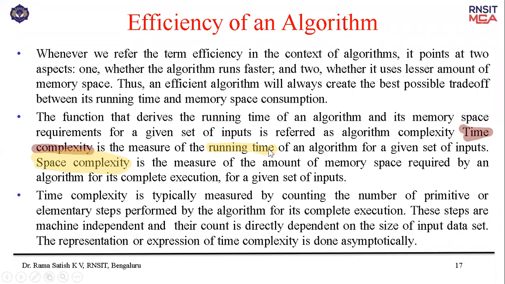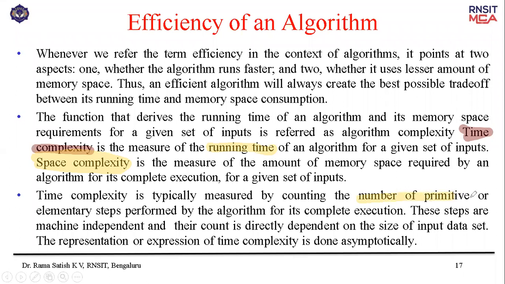Next point is about time complexity. Time complexity is typically measured by counting the number of primitive or elementary steps performed by the algorithm for its complete execution. You should note this very well.